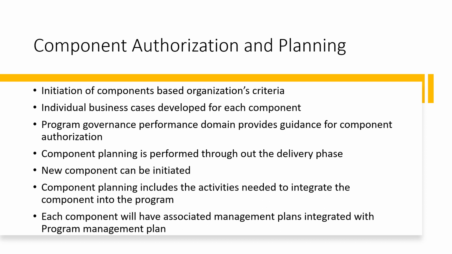Component planning includes the activities needed to integrate the component into the program, whether integrating with other components or finally into the program. All those integration activities happen in this phase. Each component will have associated management plans integrated with the program management plan. So every component will have its own component management plan, and it will be integrated with the program management plan.